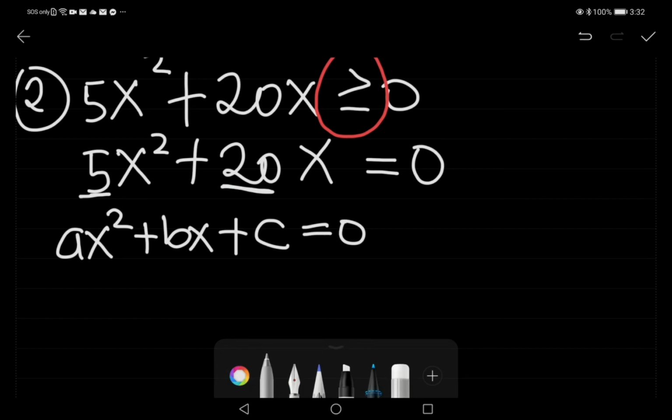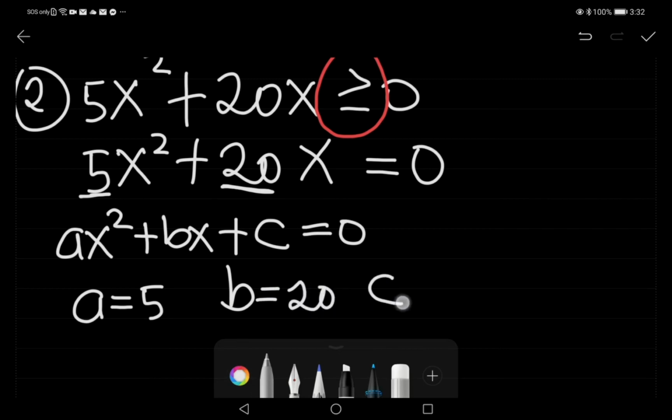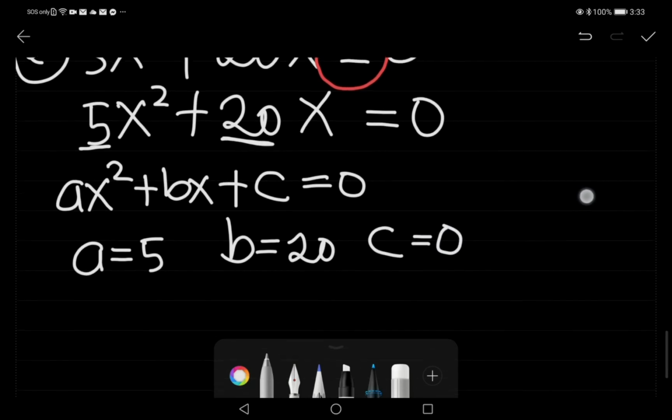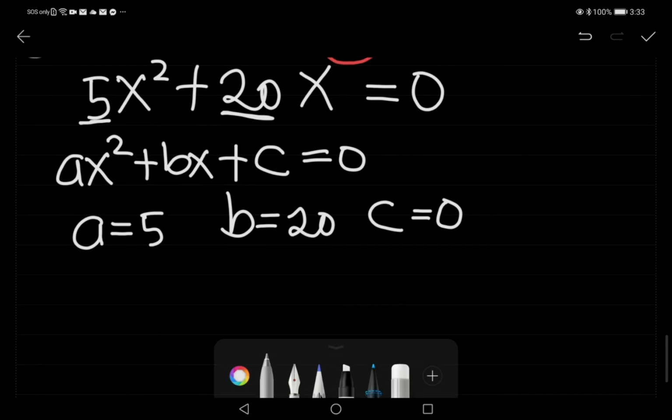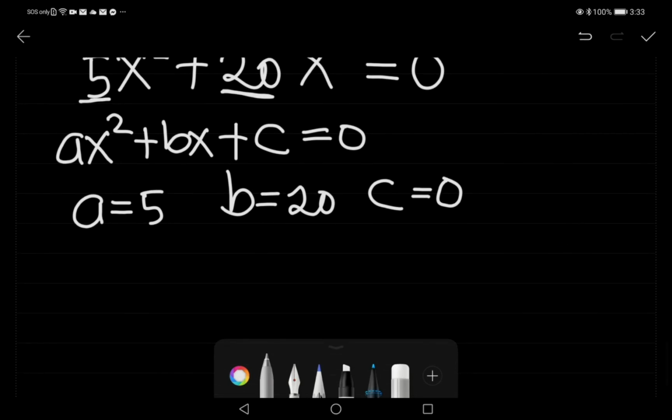Ang kanang c, butangan nato og 0. So a is 5, b is 20, and c is 0. Kaya man gibutang diha. Karon mogamit ta og quadratic formula.